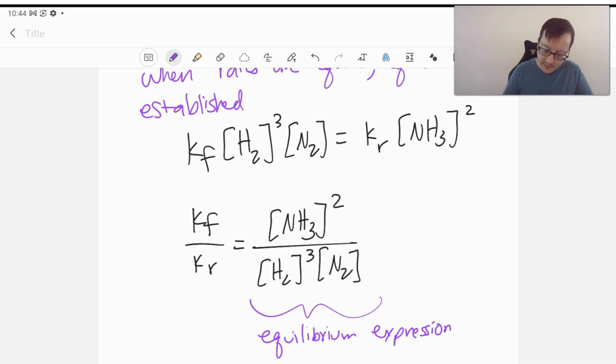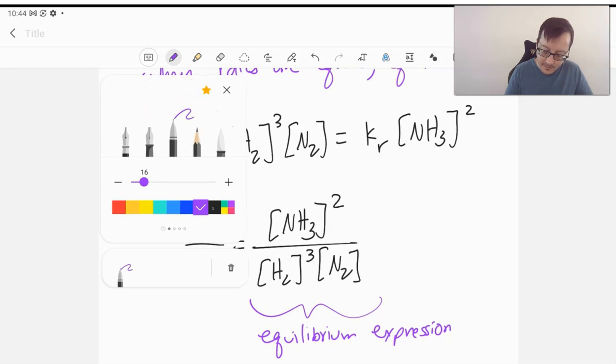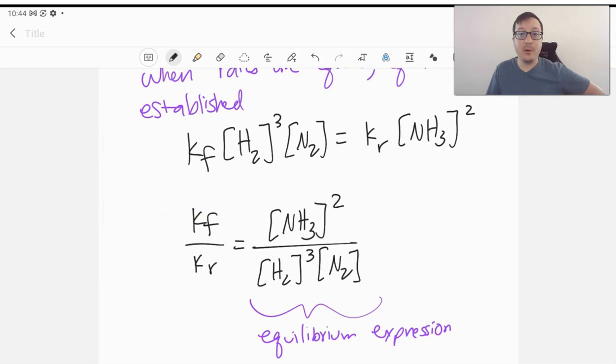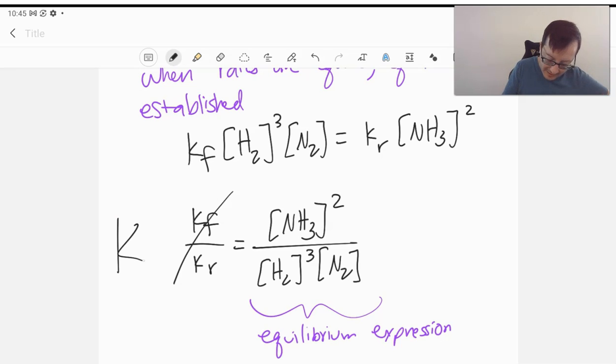And if we consider these K's, they're just both constants, right? And if they're both constants, we can just combine them to make a new constant. And we can instead get rid of these K's and combine it with a new one, which we'll call Kc, which will be an equilibrium constant.